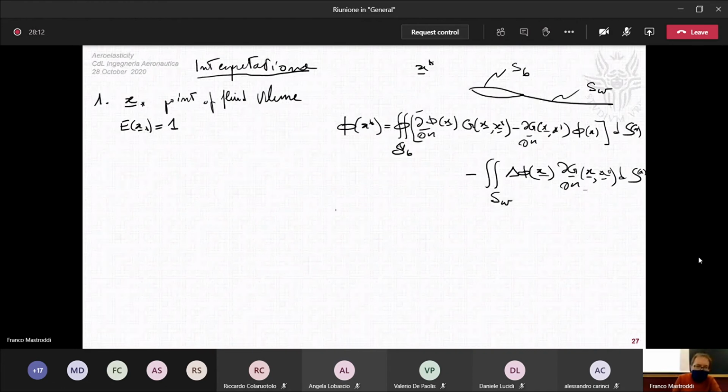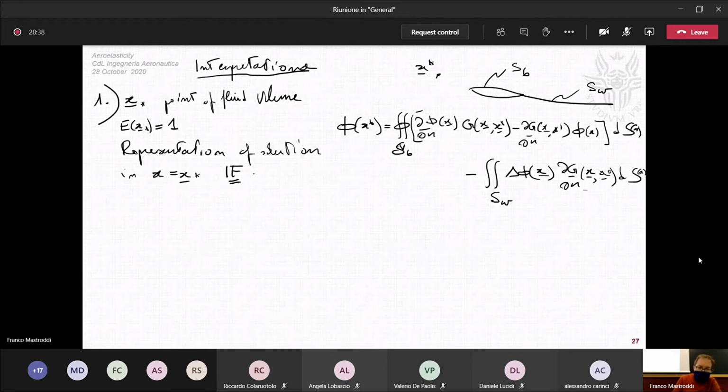Okay? In the first case, you have a point here, and this formula is a representation of the solution in x equal to x star if you know the solution on the body surface and on the wake.